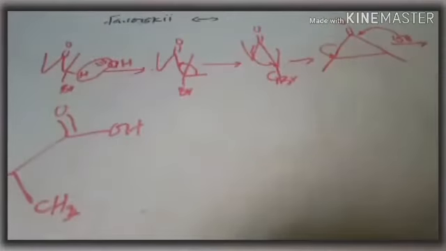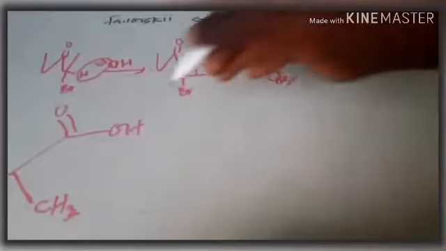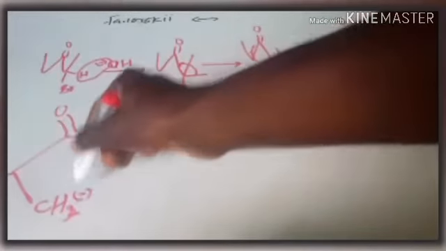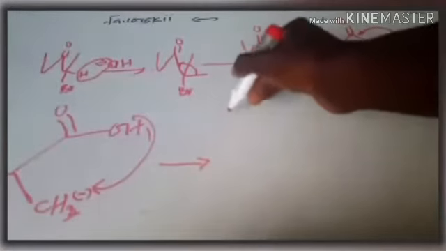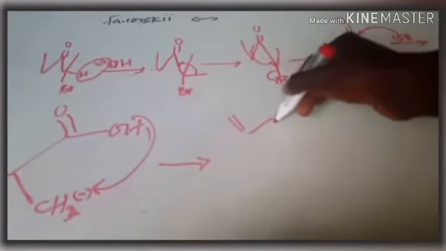So it is unstable. So for us to make it stable, this electron here will attract this proton. So this proton will attack this electron, and we have our CH3, which is our desired product.